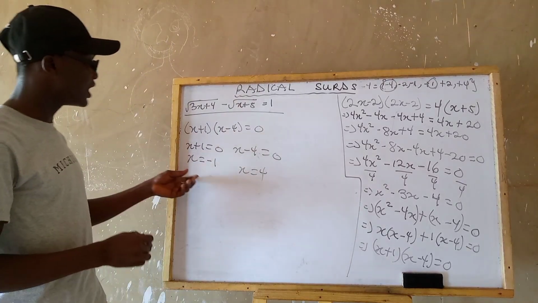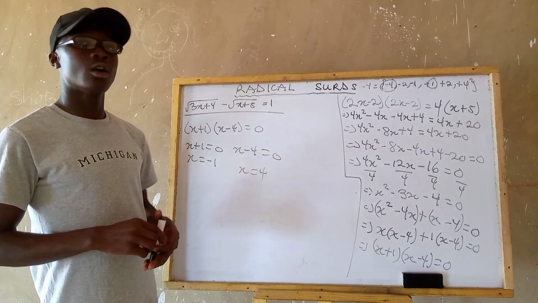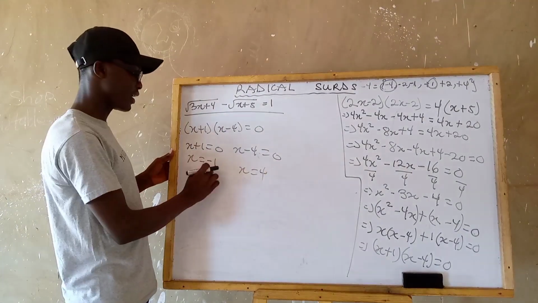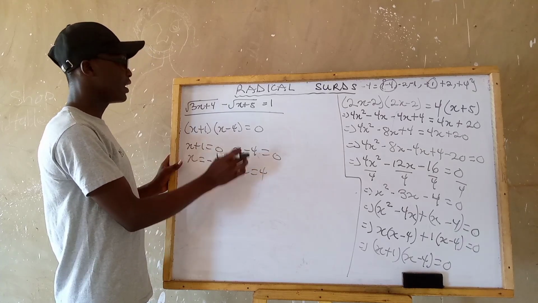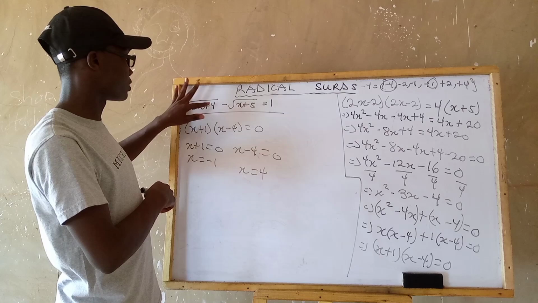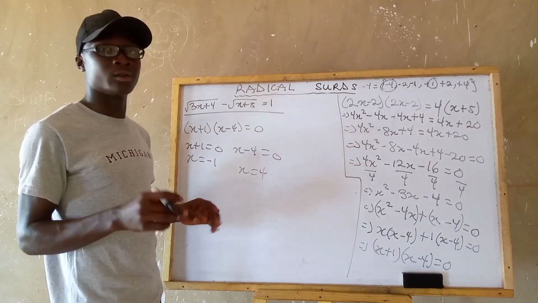So now you have two values for x. Which of these is the correct answer? Just substitute the values that you have into the original equation, which is root of 3x plus 4 minus root of x plus 5 is equal to 1. The question itself.